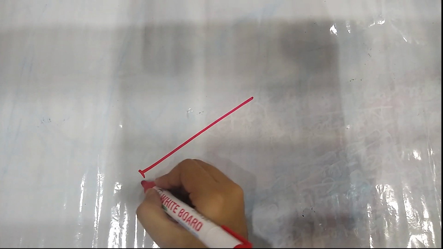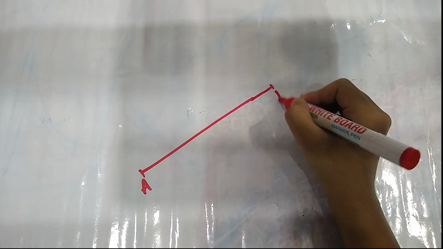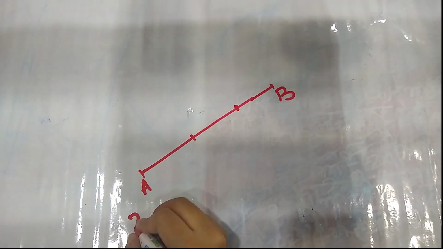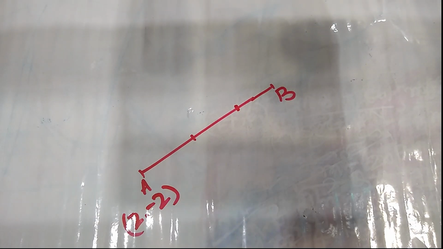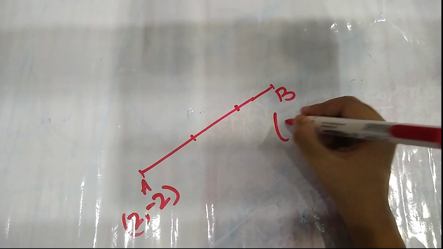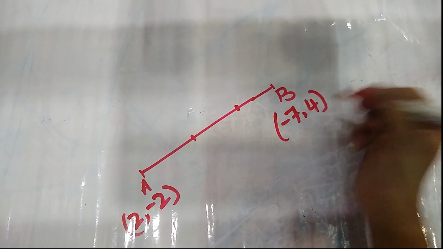So what they were saying in this question is, there is a trisection line A, B. A has coordinates 2, minus 2. B has coordinates minus 7, 4.